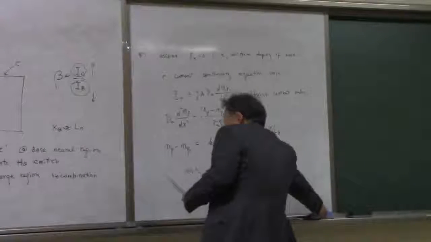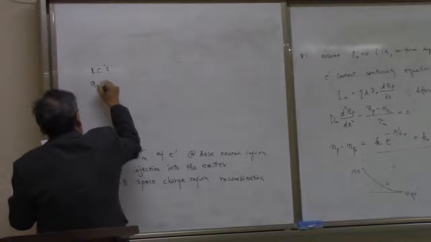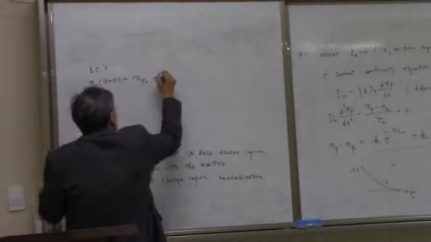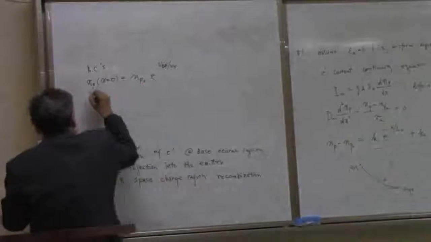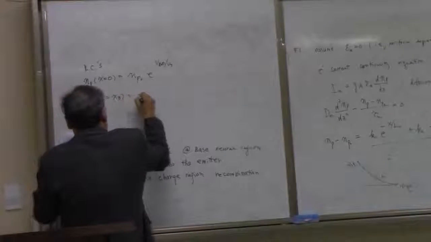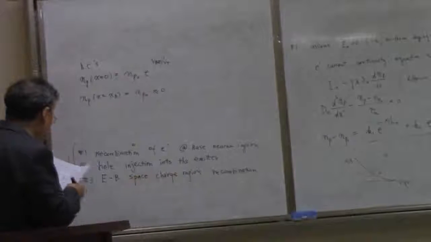And if you put in the boundary conditions, n_p at x equal to 0 is n_p0 e to the V_BE over V_T. And n_p at x equal to x_B is going to be n_p0, and we assume it's approximately 0.